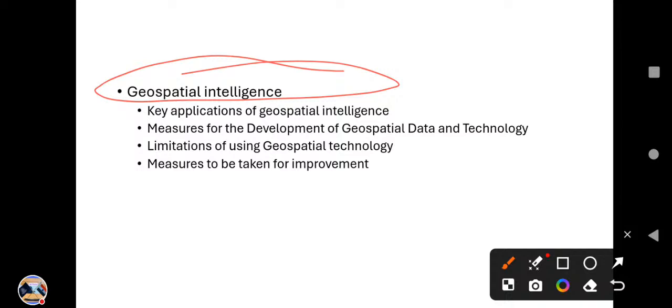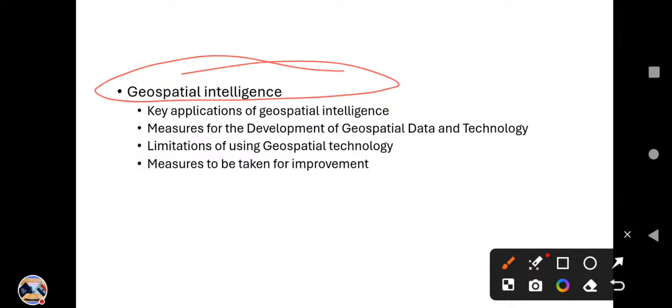In 2021, the geospatial market was dominated by defense and intelligence at around 14%. Urban development is around 13 to 14%, and utilities around 11%, cumulatively accounting for 38% of the total geospatial market.